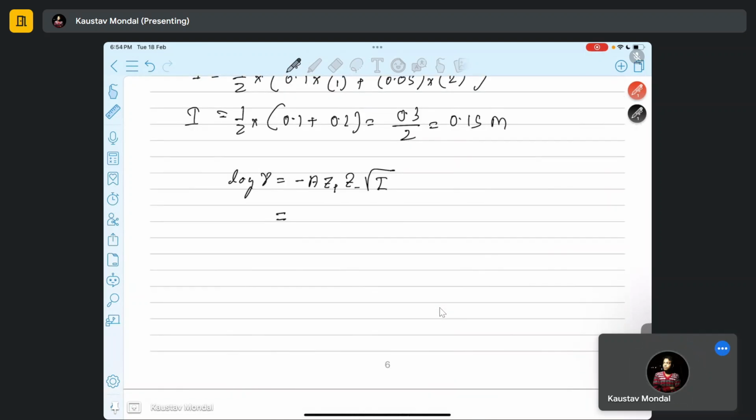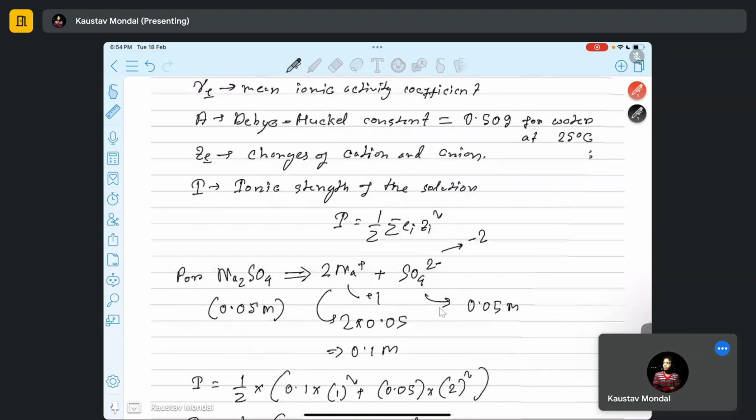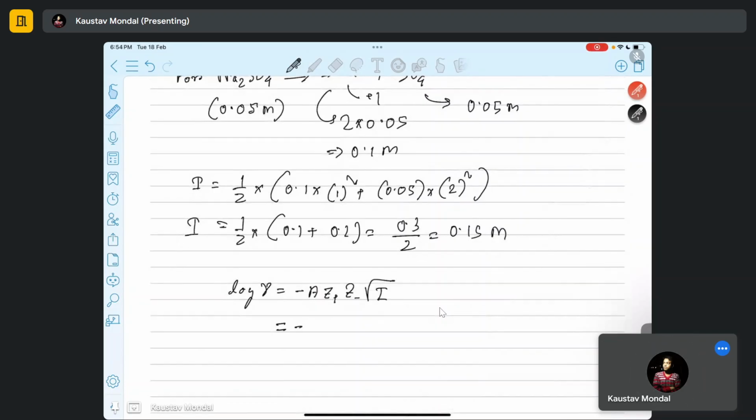So here A is 0.509 into 2 into 1, the charges basically, into root of I, where I is this 0.1.